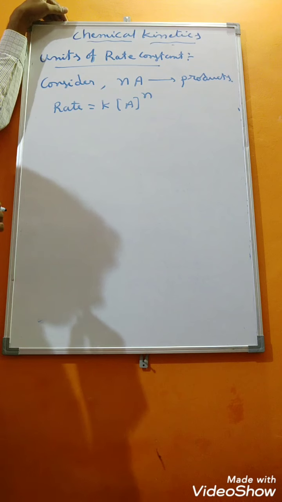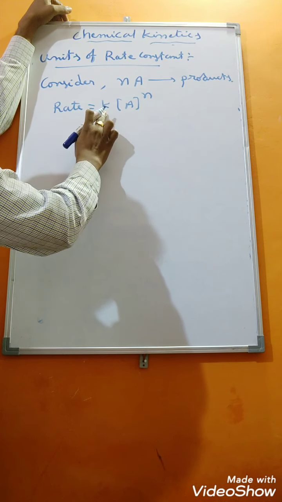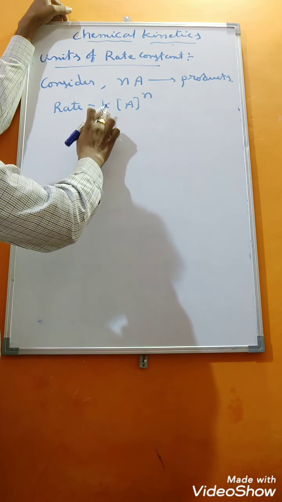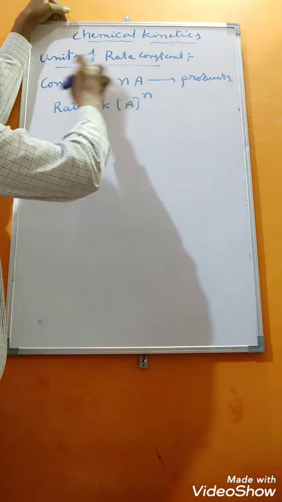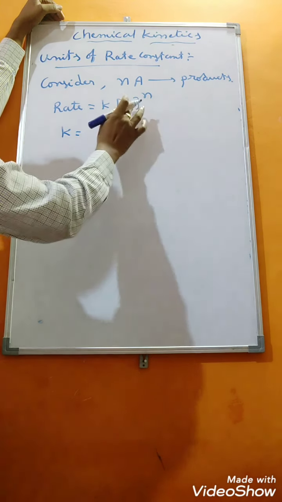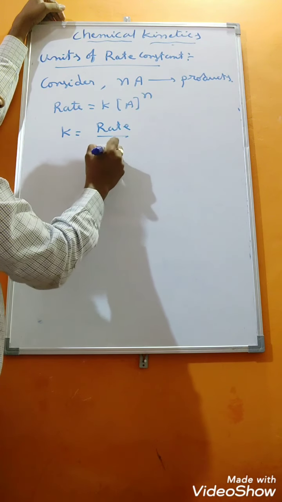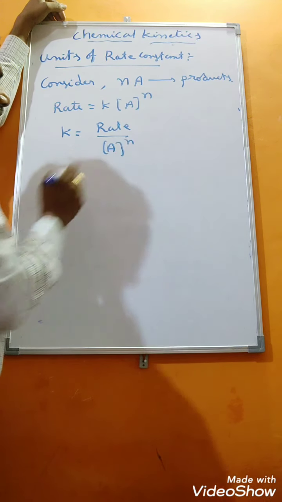In this, K is nothing but the rate constant. How do we find the units of this rate constant? K is equal to, sending the concentration term to this side, rate divided by concentration of A whole power n.